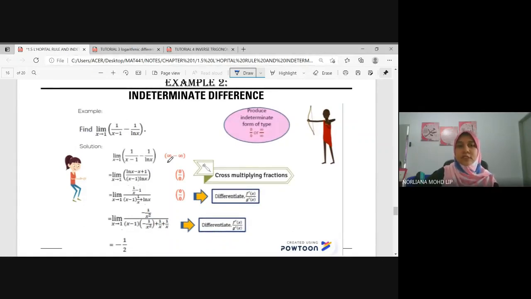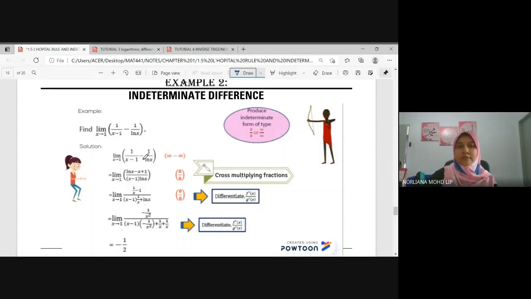So indeterminate difference, we have infinity minus infinity. Okay, so we have to adjust. We have to modify this function by cross multiplying.